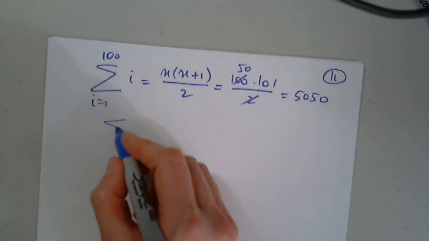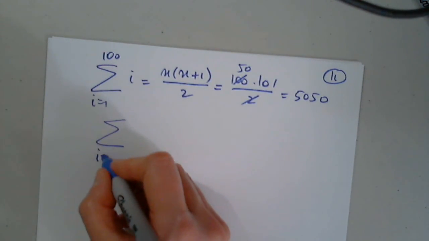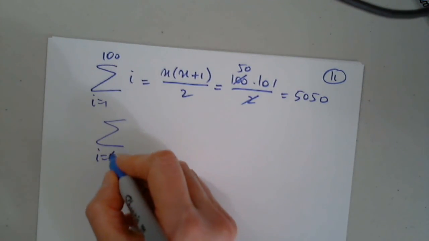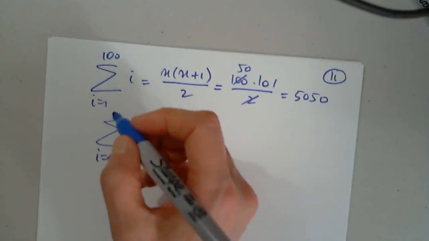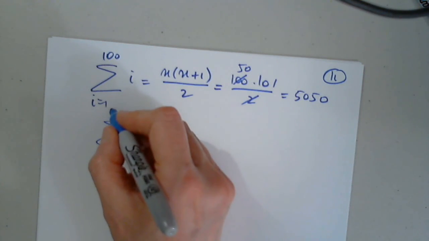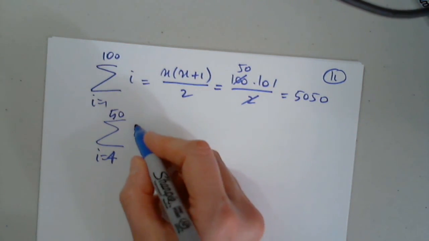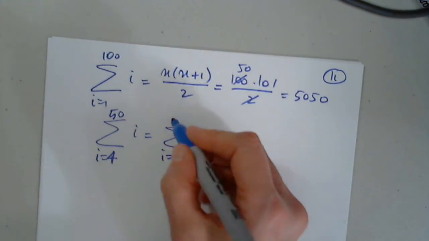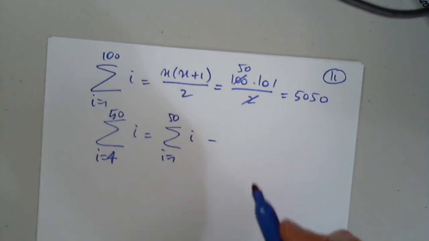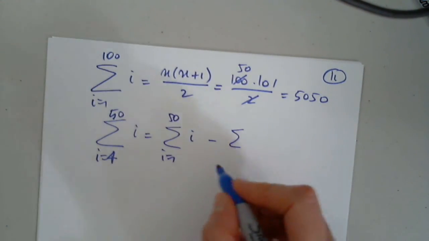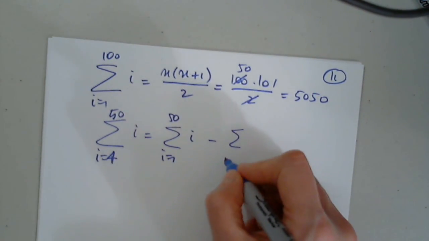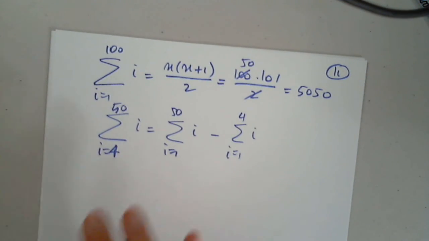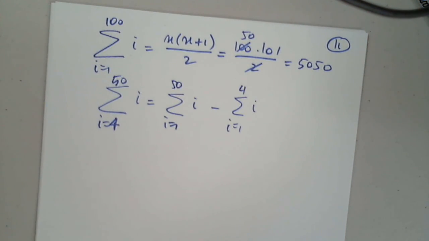If you ask me find the sum from I equals 1, notice that it has to start at 1, but you can ask me find the sum from I equals 4 to 50 of I, there will be no problem. I will find the sum from I equals 1 through 50 of I and subtract the sum from I equals 1 through 4 of I, and I will still be able to give you that answer correctly.